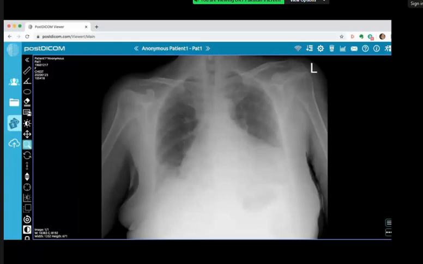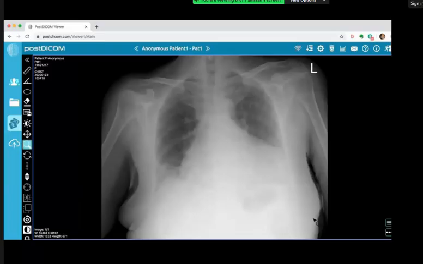And I don't know if this is projectional, but there's possibly also a small nodule in that right lower zone also. Are you referring to this? Yeah, just a little bit higher than that. It's quite difficult though, isn't it, to be sure if it's a nodule or if it's part of a consolidation. And what about the left side?